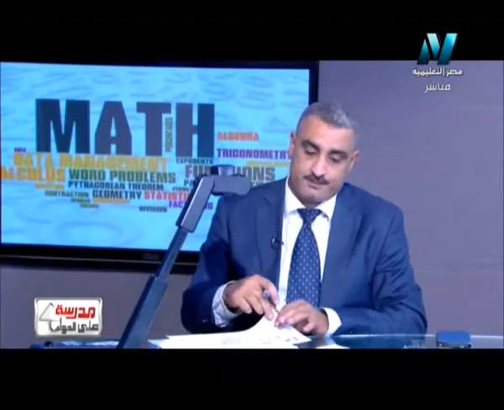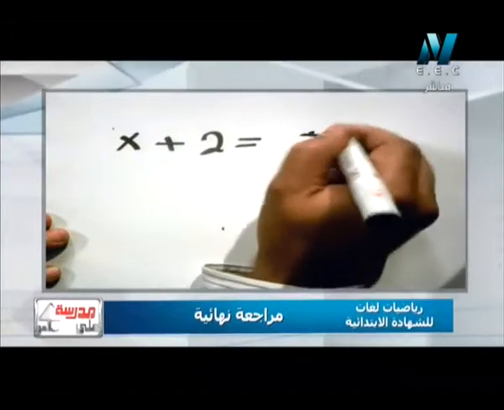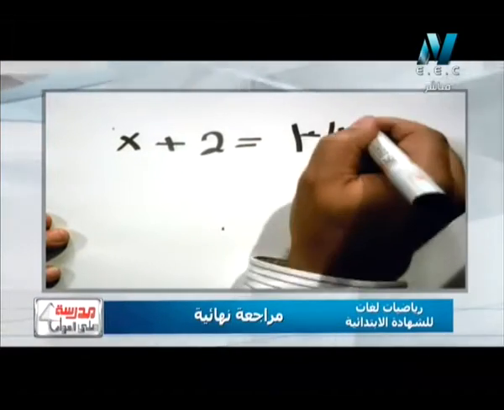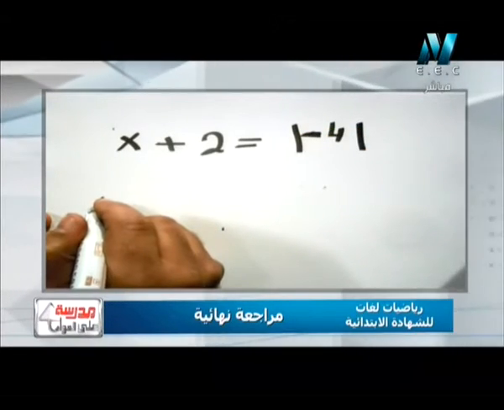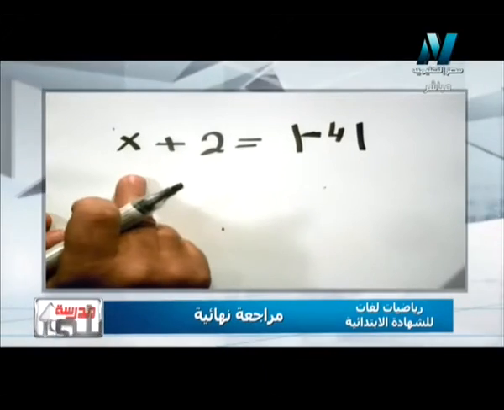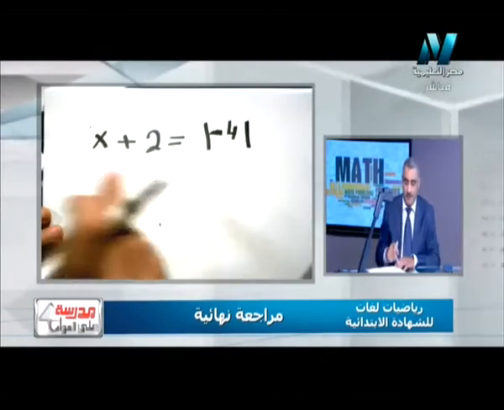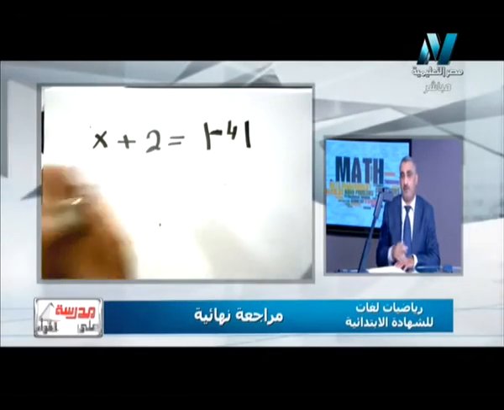If x plus 2 equals absolute negative 4, then x equals? Excellent. X plus 2 equals absolute negative 4. This is a first degree equation with one unknown. To find the value of x, we can't do it without solving this equation.